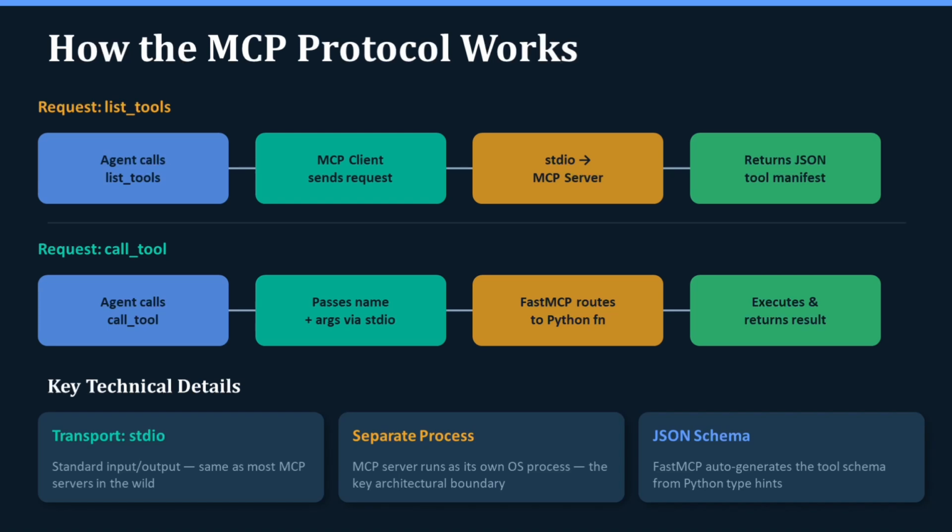First the agent calls, then the MCP client sends a request over stdio to the MCP server, which returns the JSON tool definitions. Then call_tool. At the beginning we understood list_tools, and here we are going to understand call_tool. The agent calls, it passes name plus arguments via stdio, then FastMCP routes to Python, which executes and returns a result.